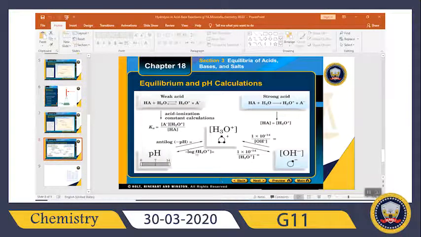This slide is the last slide which explains the calculations in this section. This equation is the acid ionization constant Ka, equal concentration of A minus times the concentration of the hydronium ion over the concentration of the HA, which is the reactant.